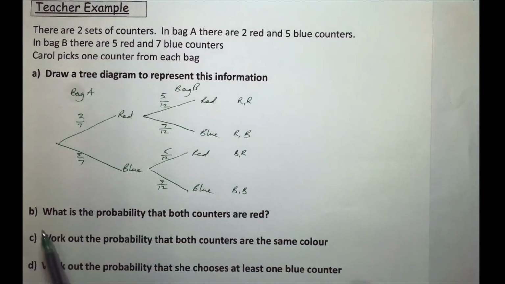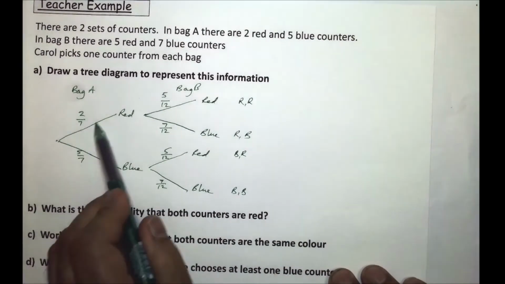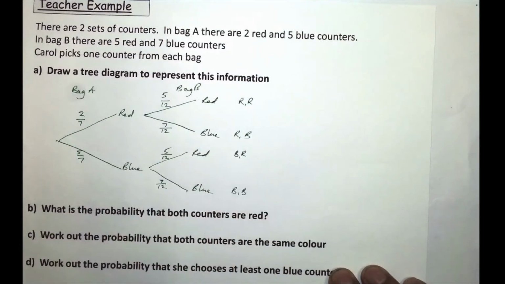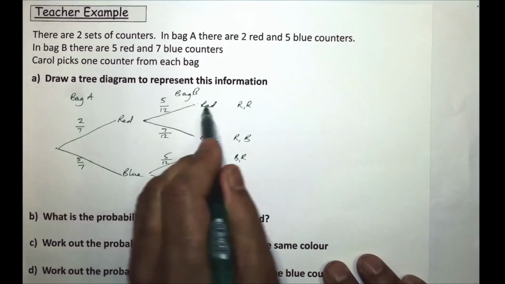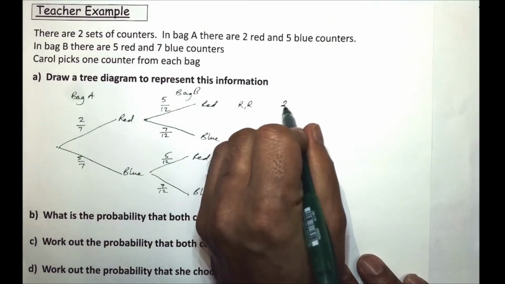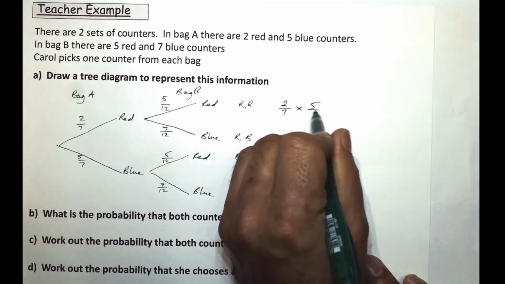Now, for the questions, it says write down the probability that both counters are red. So for both counters being red, I need to follow this path here. So it's red and red. So that's 2 over 7 times 5 over 12.